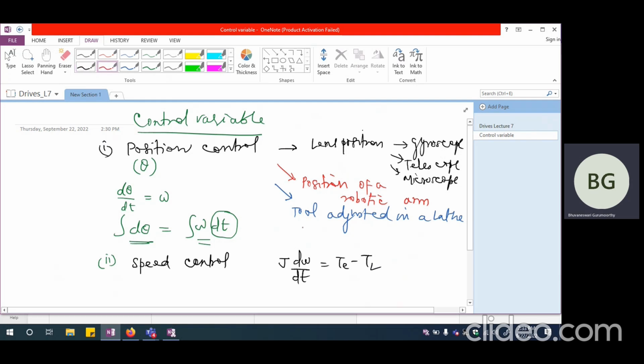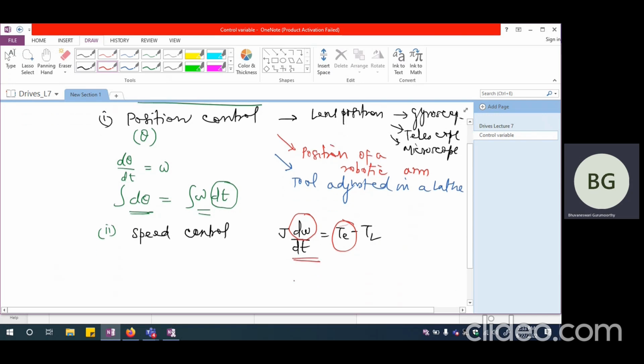So by adjusting the torque appropriately, I would be able to bridge the gap in the speed within a specified duration of time. So I should be able to say d omega, if I want to bridge the gap, is whatever is the difference in torque multiplied by dt.